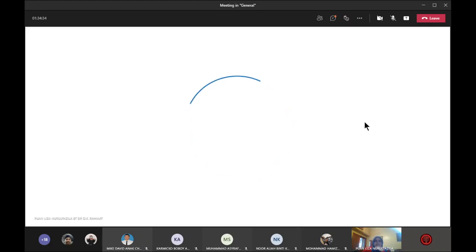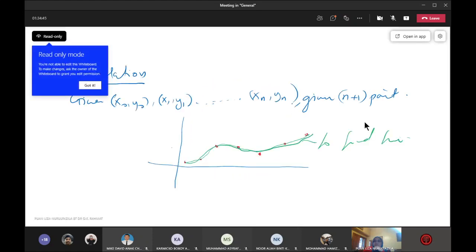Okay, so we have this graph, for example. Then you have this one. And then what we did just now was to find this equation. Okay, usually people would use either polynomial or exponential. Polynomial including linear.